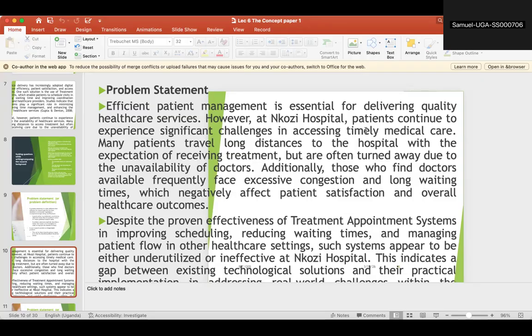Those who find doctors available frequently face excessive congestion and long waiting times, which negatively affect patient satisfaction and overall health outcomes. Yes.